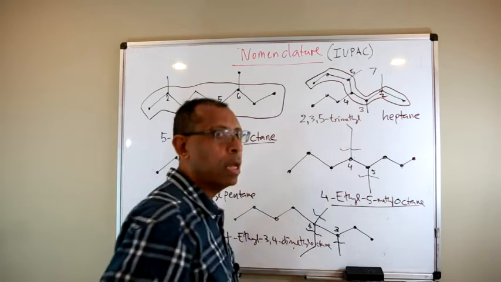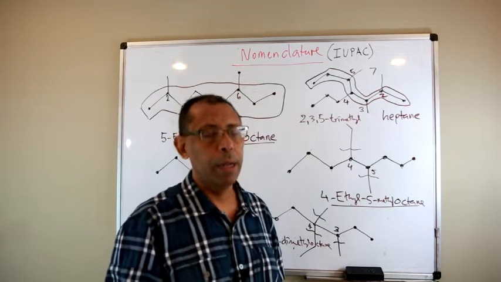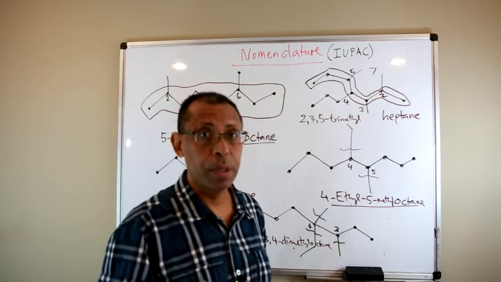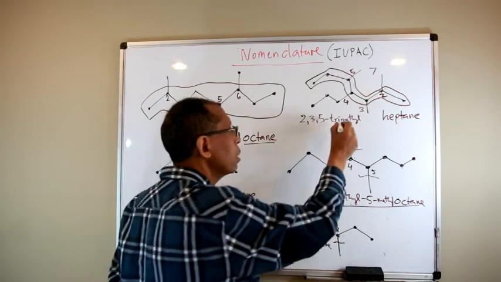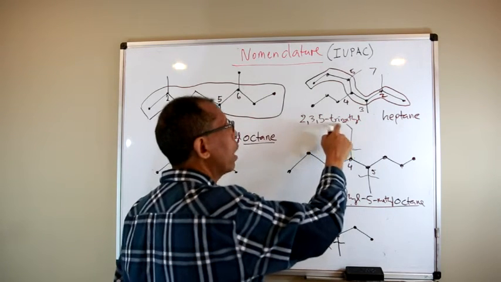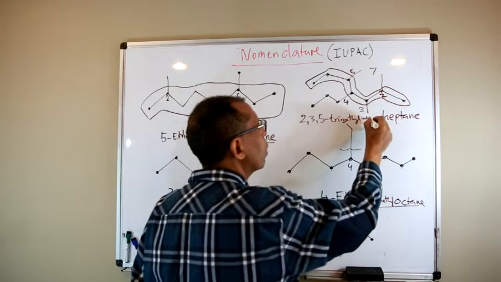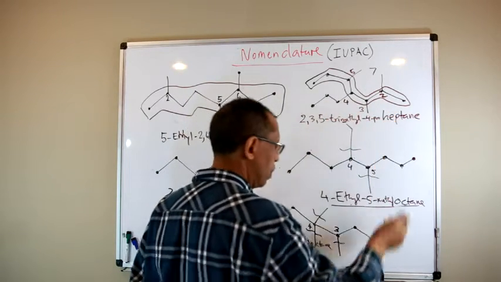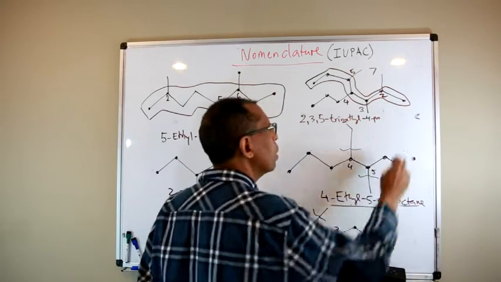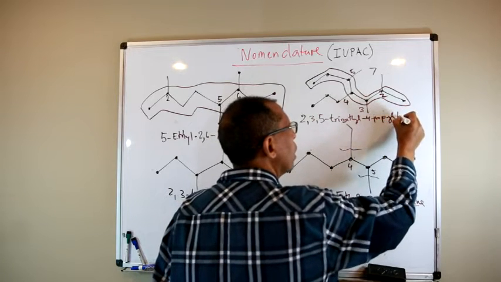Remember, when you say di, tri to make an aggregate number of methyl or ethyl groups, those are not alphabetically considered. You just consider the M in this case. 2,3,5-trimethyl, and at 4 position, 4-propyl. So you have 4-propylheptane.